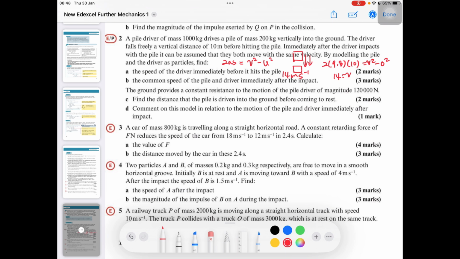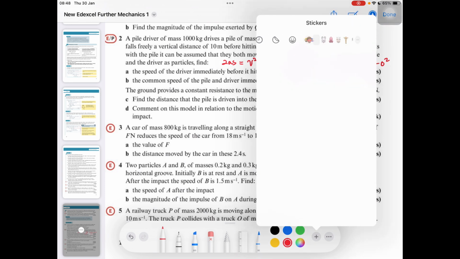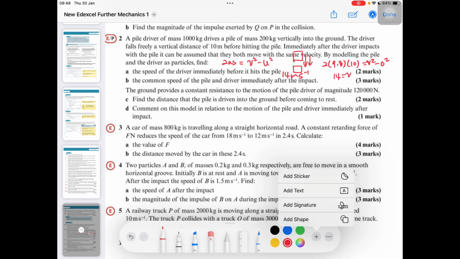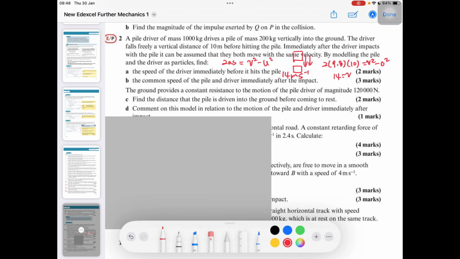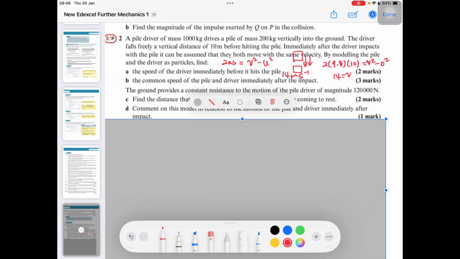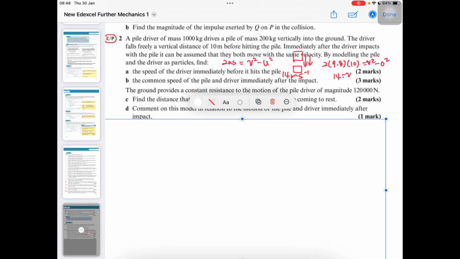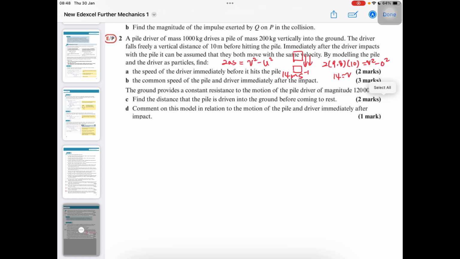Now part B: the common speed of the pile and driver immediately after the impact. So this was part A, and B is the common speed immediately after.